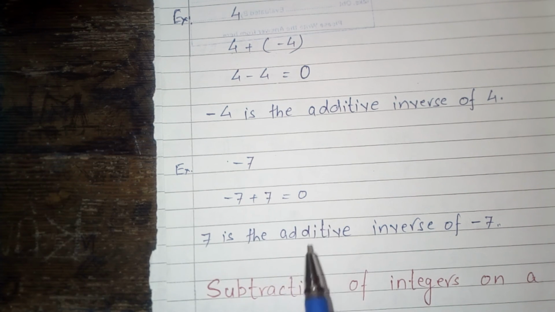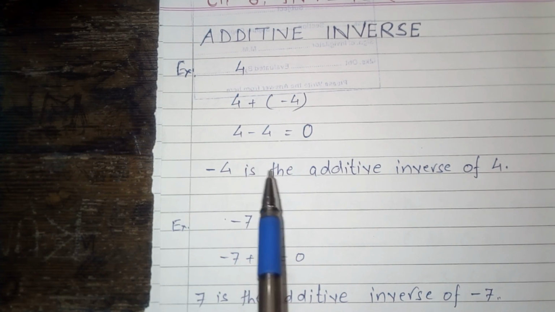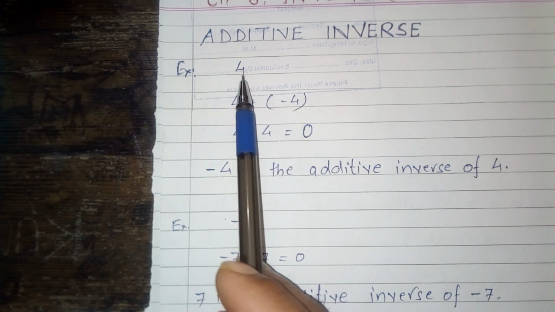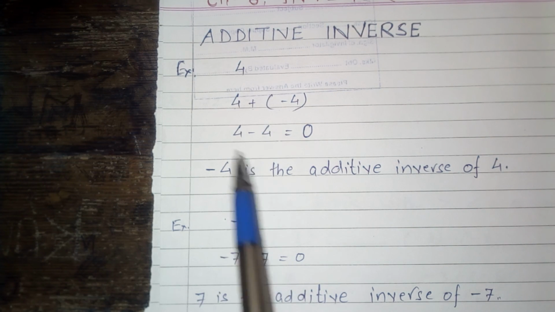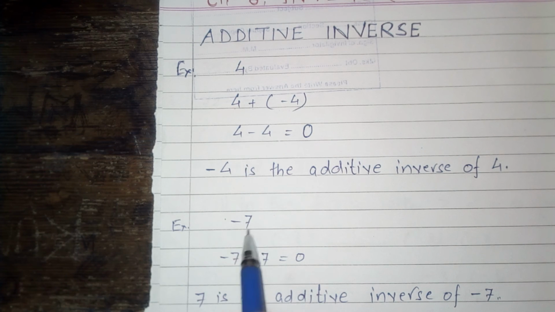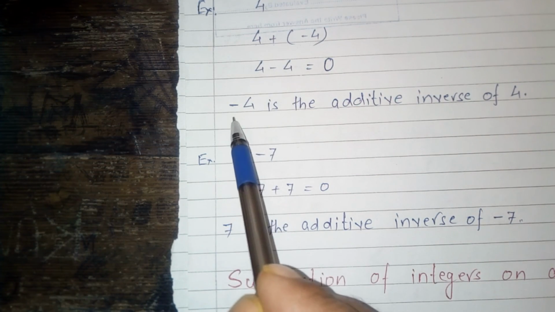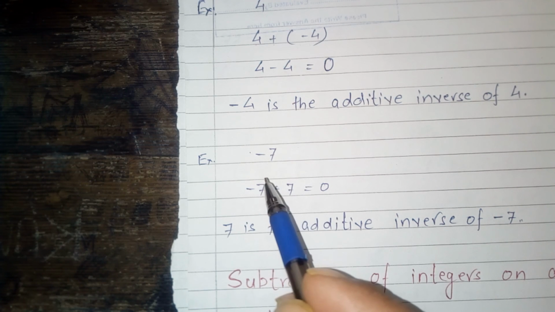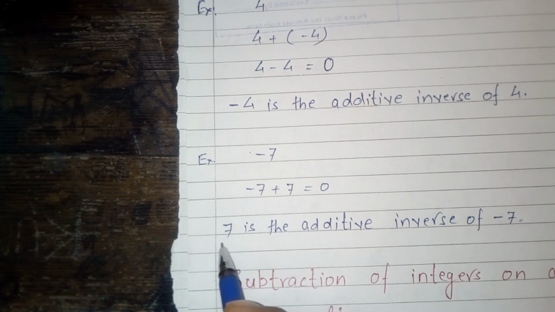In these two examples, please keep in mind: the additive inverse of a positive integer is always negative, and the additive inverse of a negative integer is always positive.